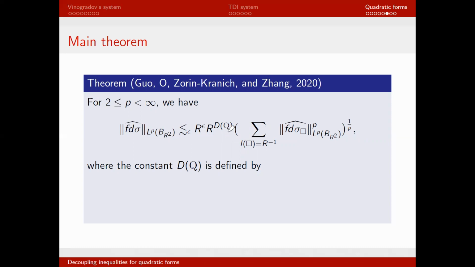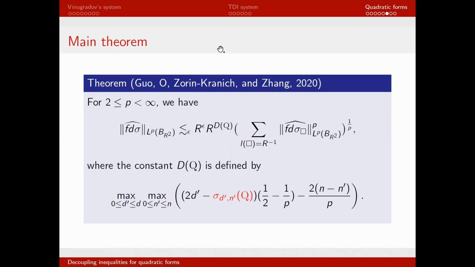And we are interested in the loss of R. So basically, we want to find the smallest constant D of Q. And this is what we proved. This loss can be expressed as this double maximum. And this is sharp.